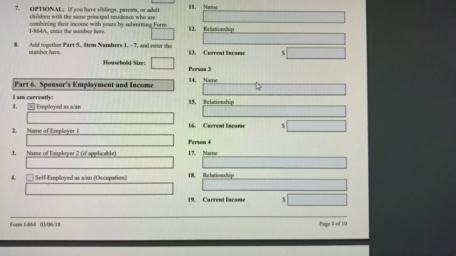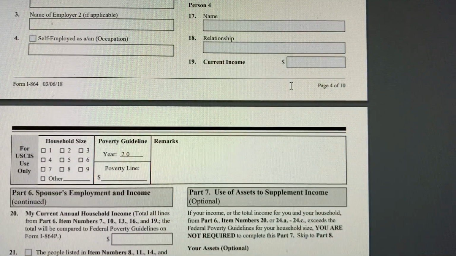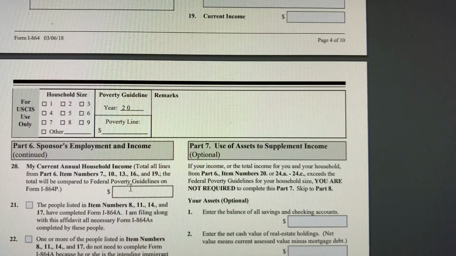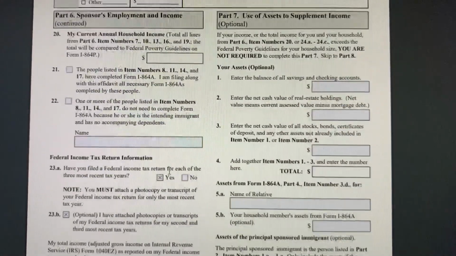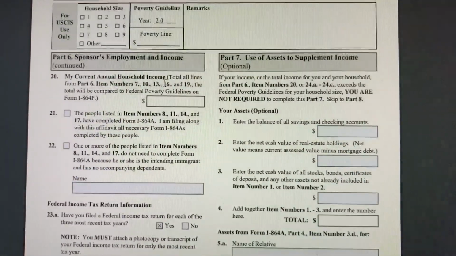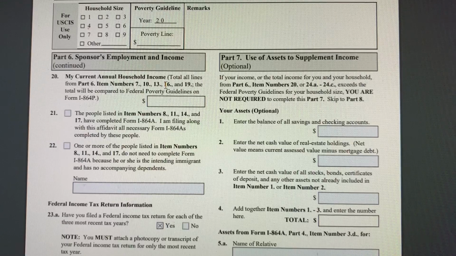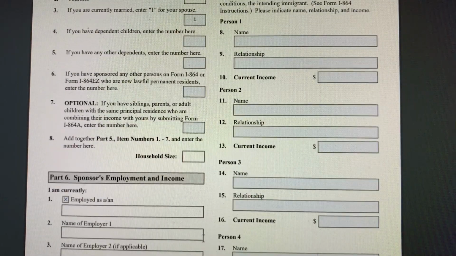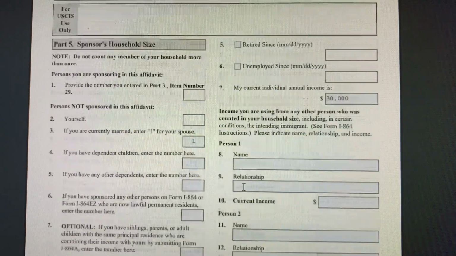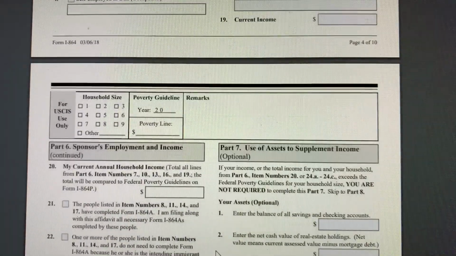And page 5. On page 5, Part 6, sponsor's employment and income, my current annual household income. I cannot put our actual income in this video for security purposes, so I'm just putting an example.